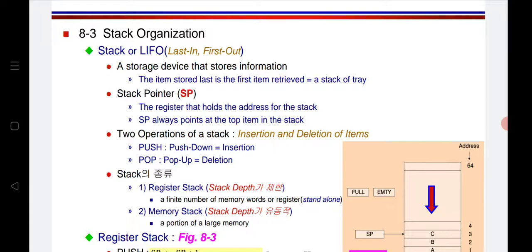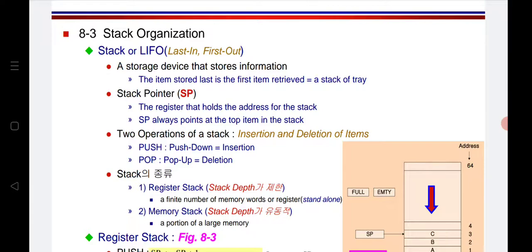A register stack is a finite number of memory words or registers, standalone. I will provide a few memory locations, a bunch of registers, which will act as my stack memory, and it will always act as standalone. That type of organization is known as a register stack.